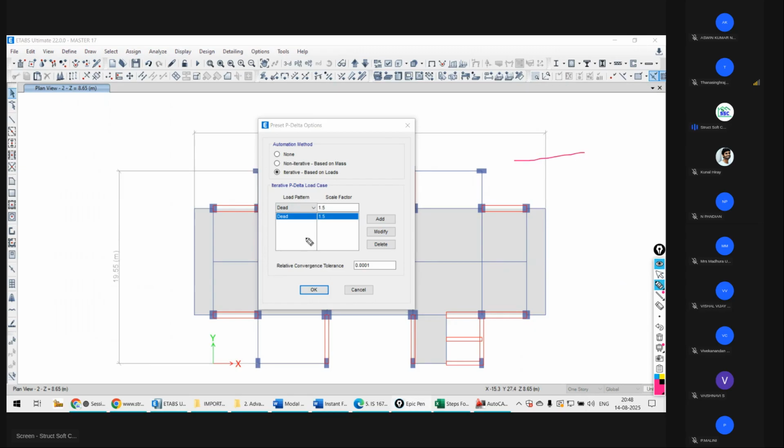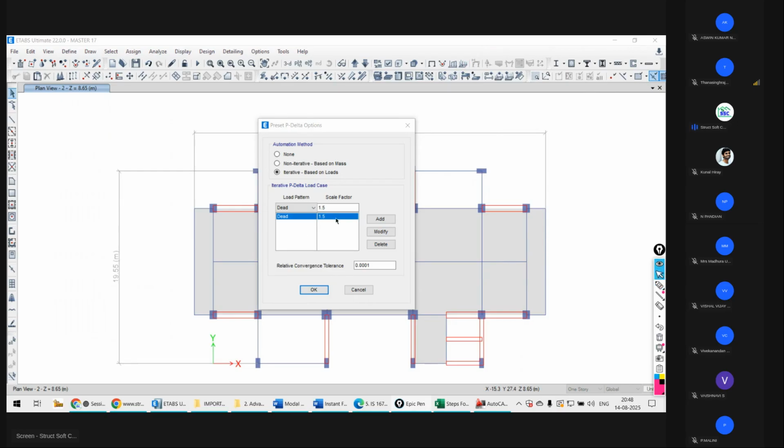You can do it directly, otherwise you can do the analysis and come to know the total live load and total dead load of the structure. If 1.2 times dead load plus 1.2 times live load is coming more, you can follow this one. If 1.5 dead load is coming more, then follow that. By that way you can decide.